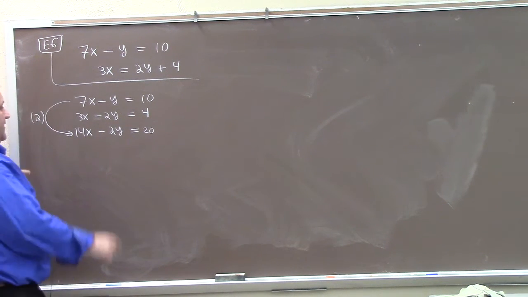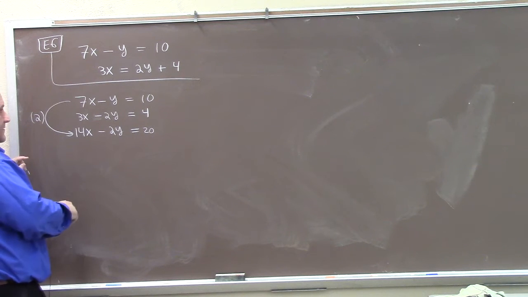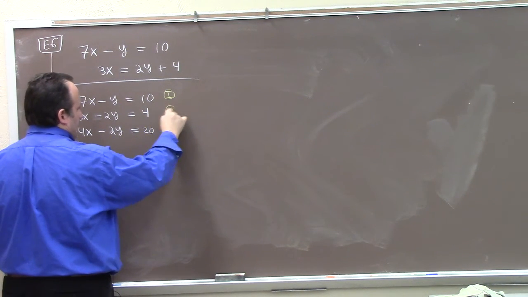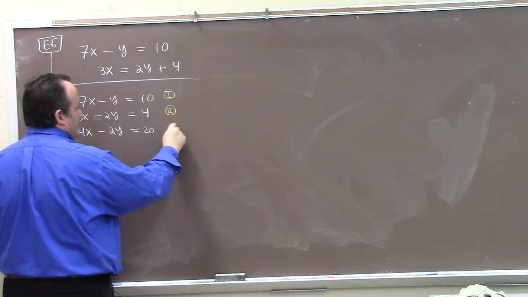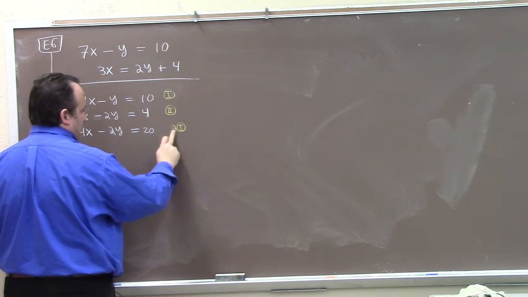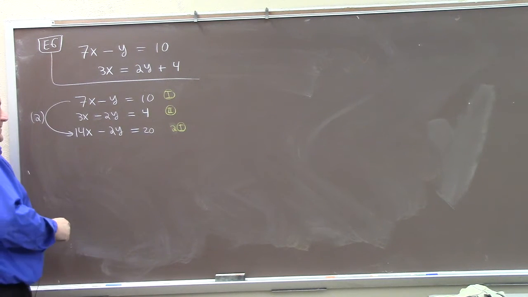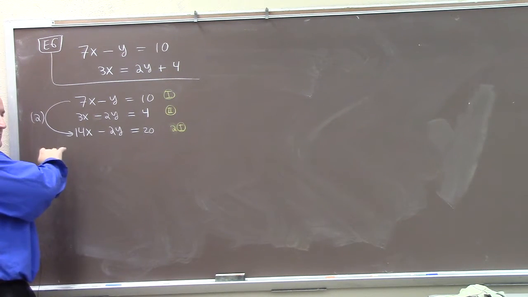I got to distribute the 2 through, right? So this is equation 1. This is equation 2. I would call this 2 times equation 1. We multiplied equation 1 by 2 there.